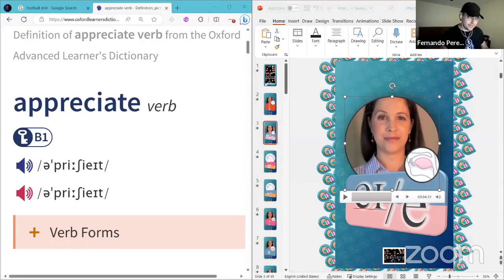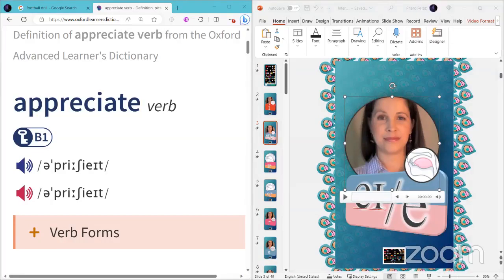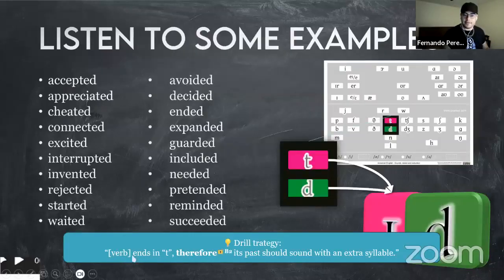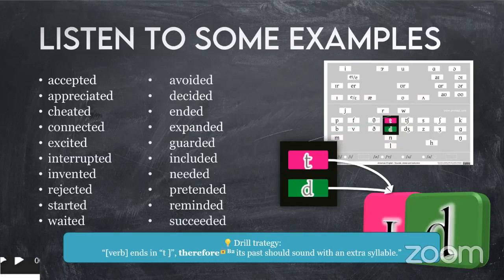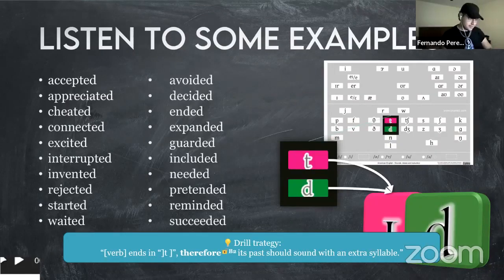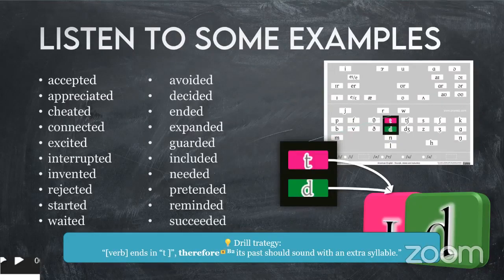Let's practice the drill. How do you pronounce the drill? Verb ends in letter, therefore its past should sound with an extra syllable. What is the drill? Verb ends in T. What verb? Appreciate. Exactly.